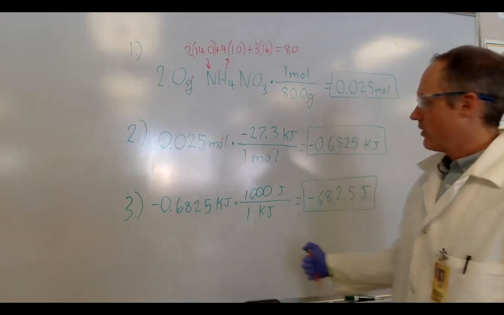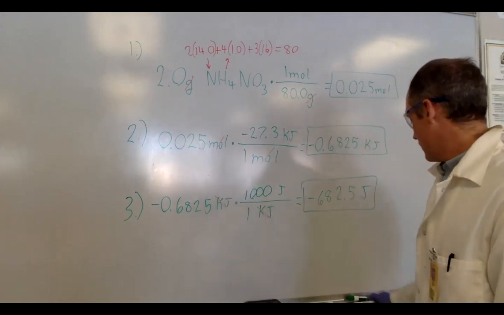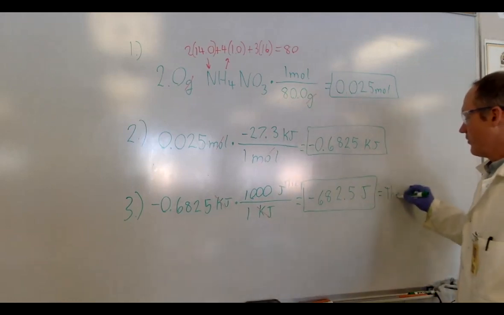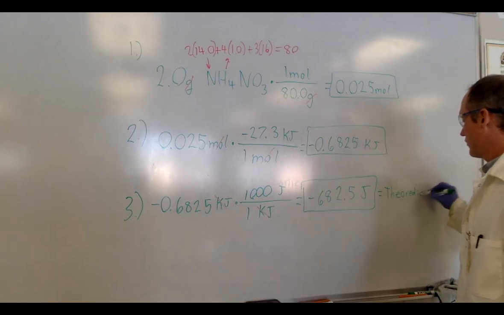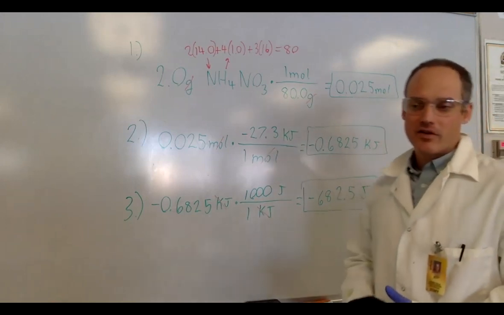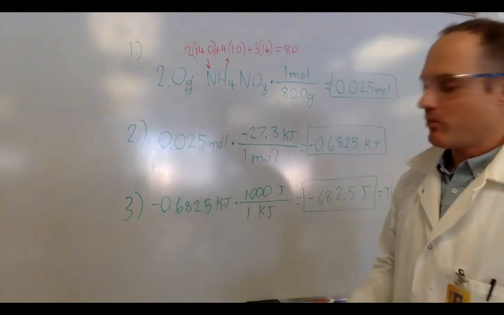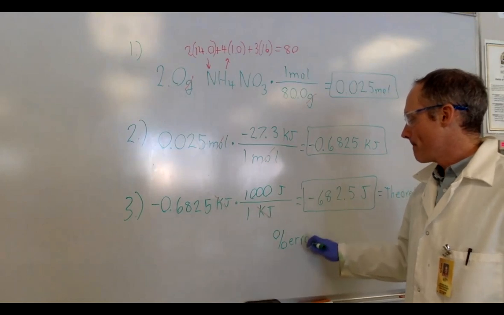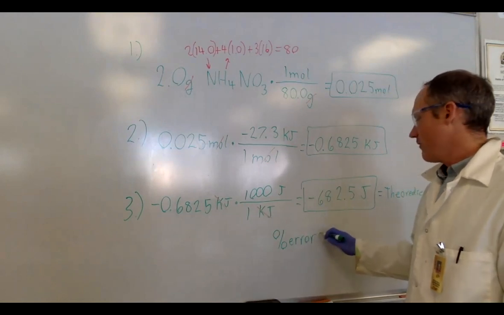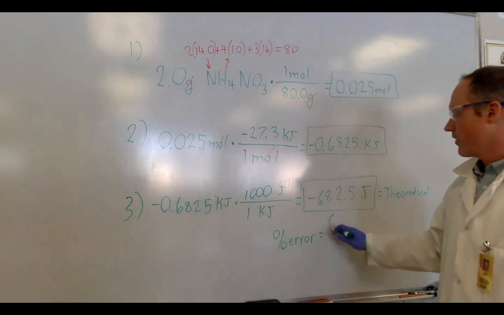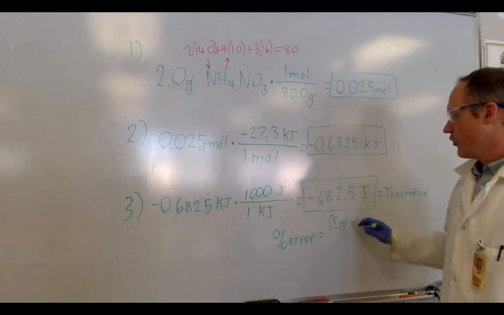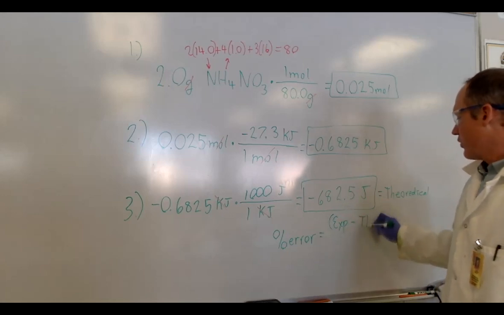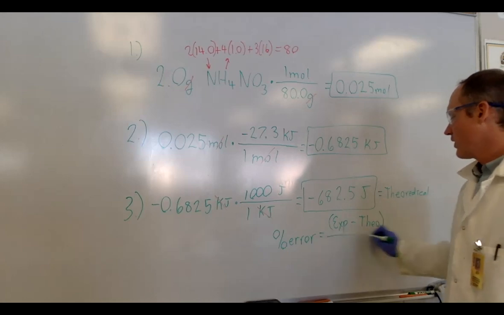In this last one, kilojoules cancels like that. So this is the theoretical. Theoretical is going to be used later for when we calculate percent error. Because in the lab, you're going to experimentally determine the energy, but we know theoretically what that's going to be.